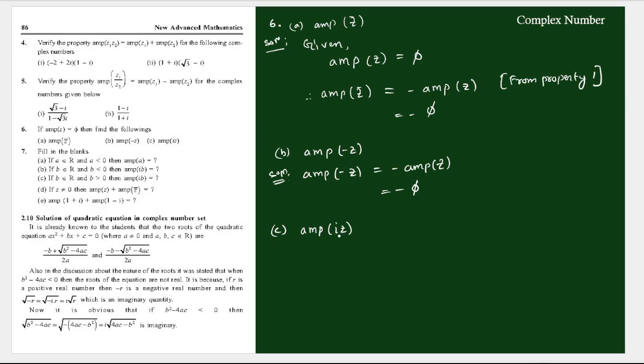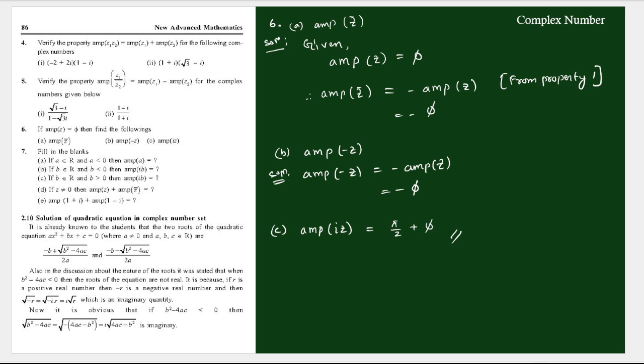Where does it lie now? Imaginary, right? And if it lies on the imaginary axis, then it is pi by 2. So we can say that pi by 2 plus phi. So this is your number C.